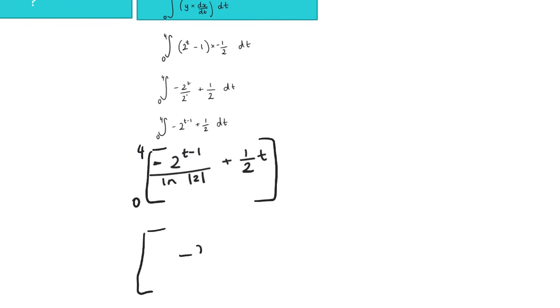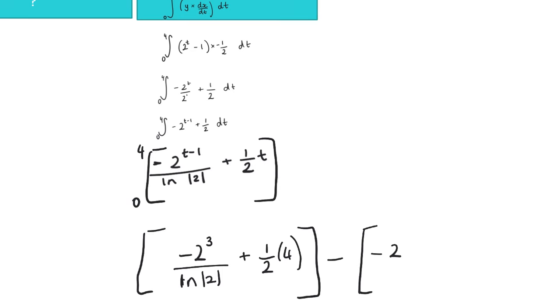So we're going to have minus 2 to the power of 3 over ln of 2 plus a half lots of 4, minus 2 to the power of 0 minus 1, which is minus 1 over ln of 2, plus 0.